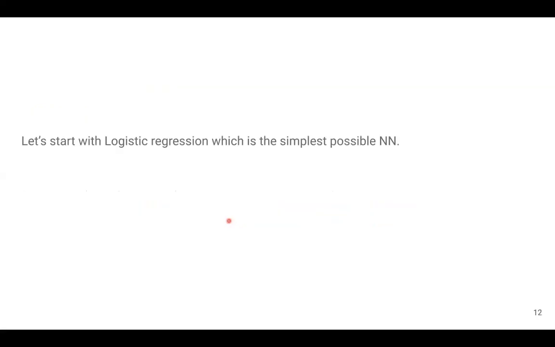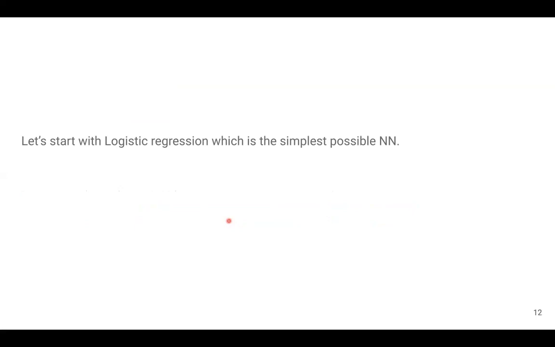Okay, so again, we will start our discussion with a simple network called logistic regression. There are many ideas and intricate details of logistic regression which are exactly the same as in neural networks.